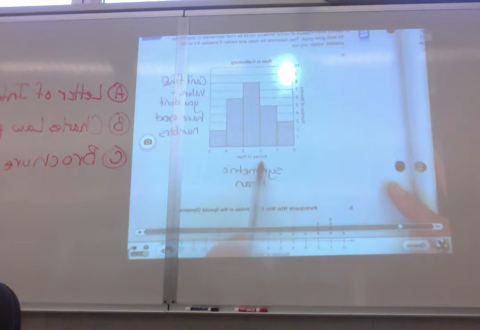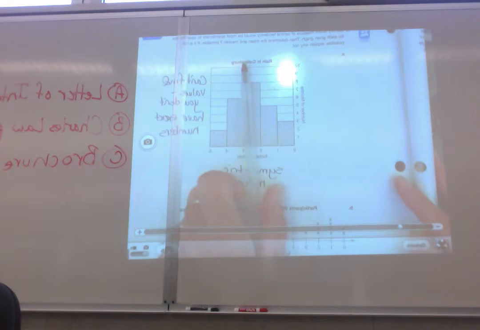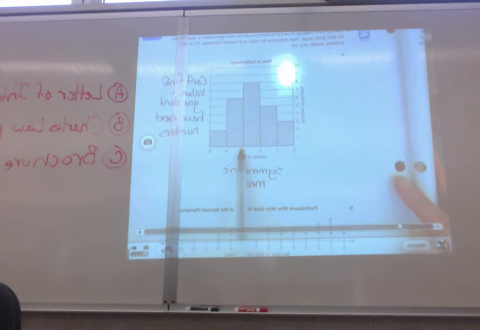Okay, so how about the average for inches of rain? What do you guys think? 2.9. 2.5. Somewhere right in the middle we would predict, between 2 and 3, but we don't have individual values.